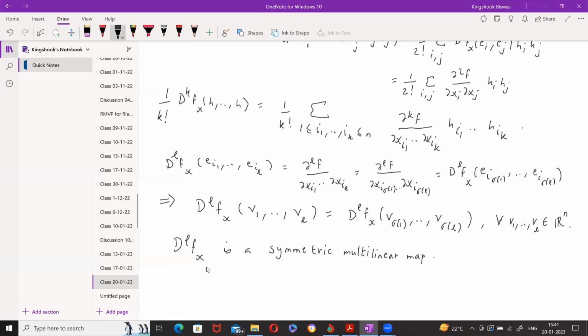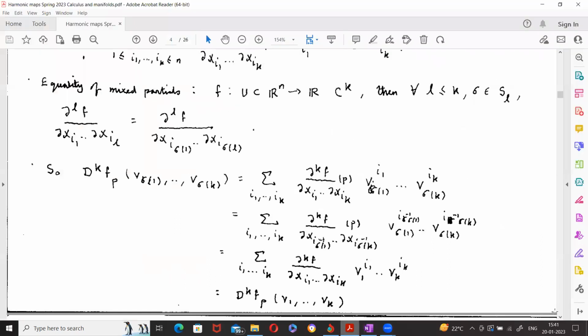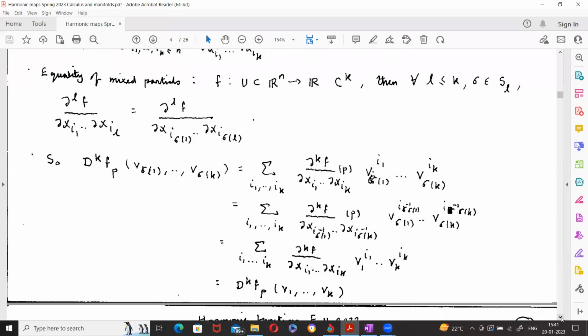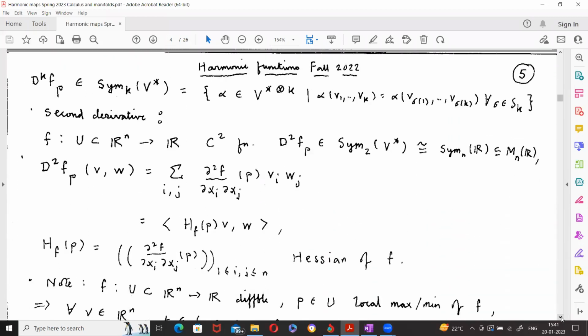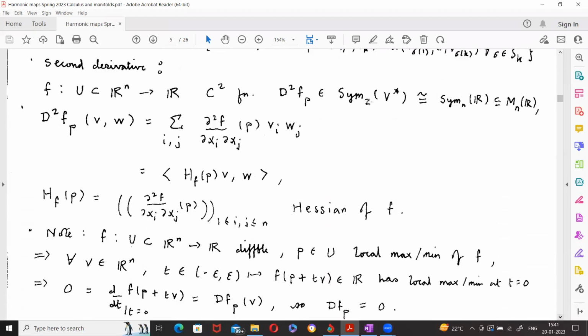Yes. So it's not just any multilinear map, it's a symmetric multilinear map. So in particular, what happens for the second derivative? The second derivative then becomes a symmetric bilinear form, right?